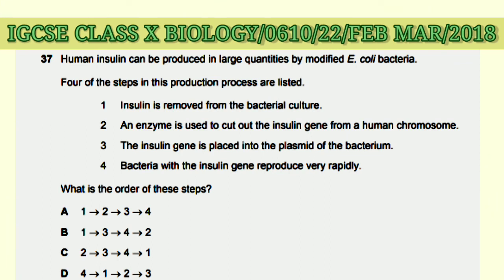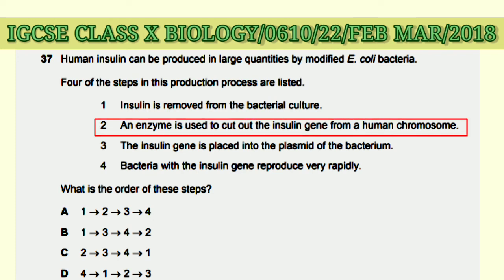Question 37. Human insulin can be produced in large quantities by modified E. coli bacteria. 4 steps in this production process are listed. What is the order of these steps? First step will be an enzyme is used to cut out insulin gene from human chromosome.